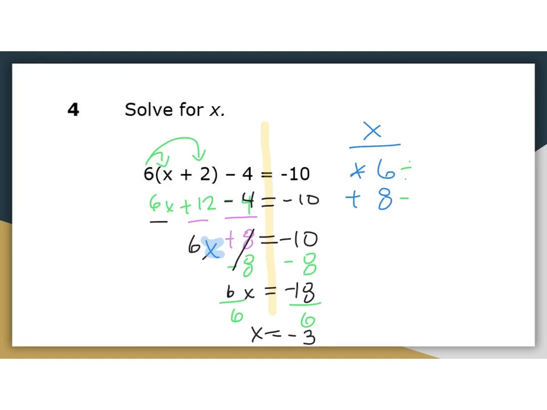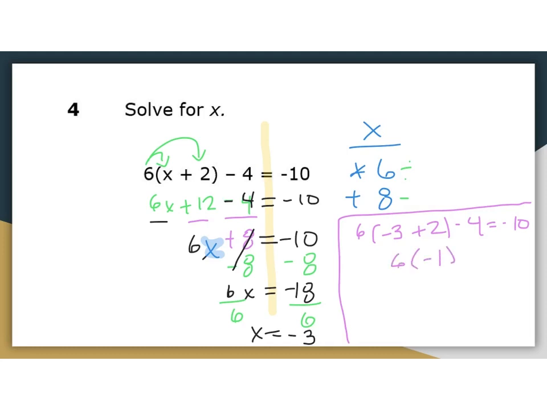And then once again, you can always go back and check. So if I check, this is going to be 6 times, instead of x, negative 3 plus 2 minus 4 should come out to a negative 10. And then here, following PEMDAS, negative 3 plus 2 goes first, so that becomes a negative 1.